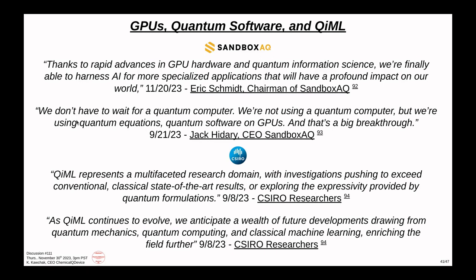And then there's the Cicero paper, they're the ones that put a lot of this together. I read this paper more than once, read it once and then the sections independently. Basically they have high hopes for QiML as well. We anticipate a wealth of future developments drawing from quantum mechanics, quantum computing, and classical machine learning. So keep in mind, it has its roots in classical machine learning.